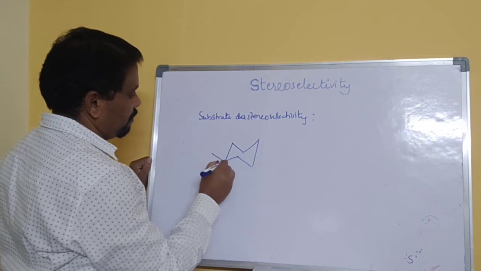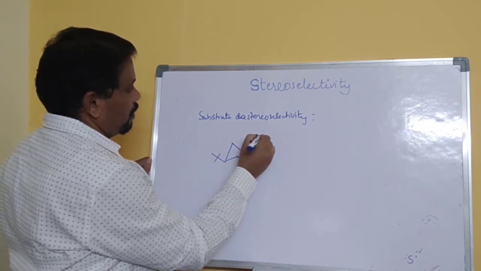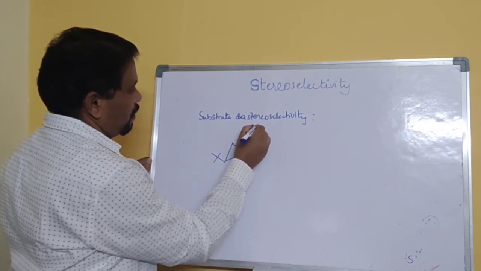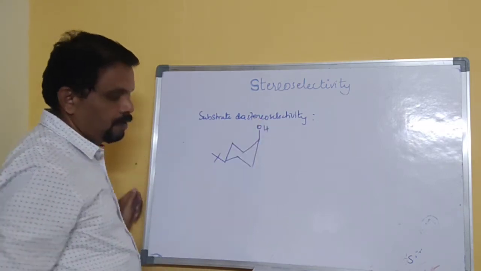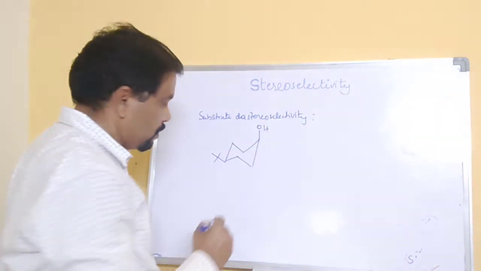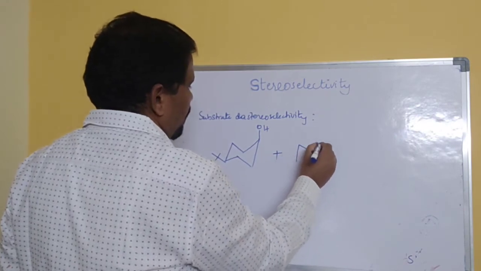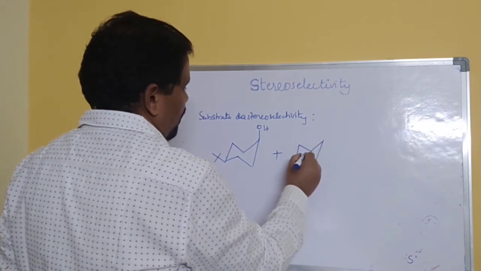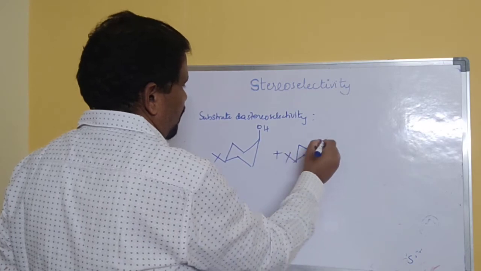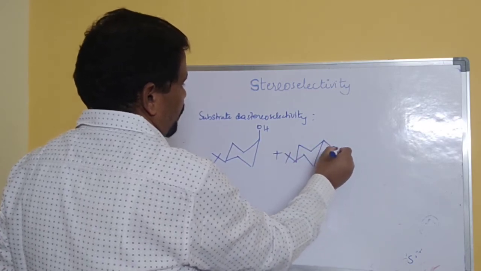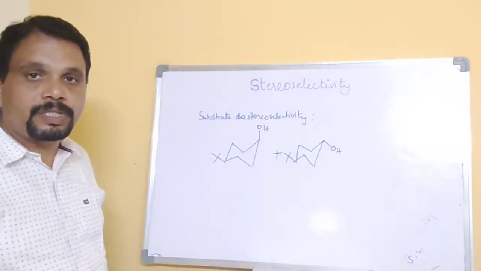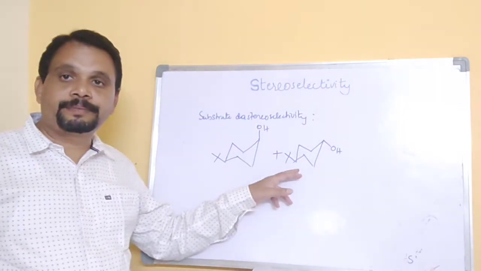This is the example. This is axial, at axial position, and this is equatorial. So these are the two diastereomers.